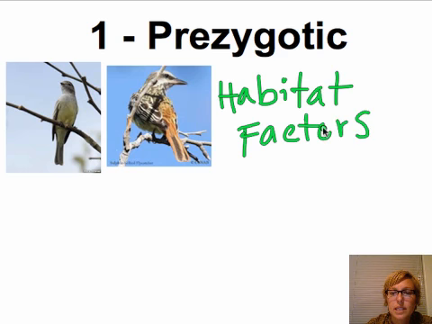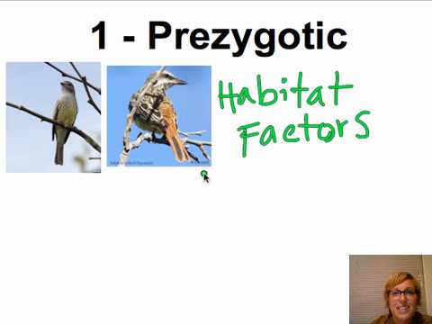Depending on where these flycatcher birds like to hang out, whether it be a scrub, a field, a tree, that alone is the habitat factor. So we have our scrub flycatcher, we have our tree flycatcher, and the scrub flycatcher would never actually mate with a tree flycatcher because it never actually goes there.